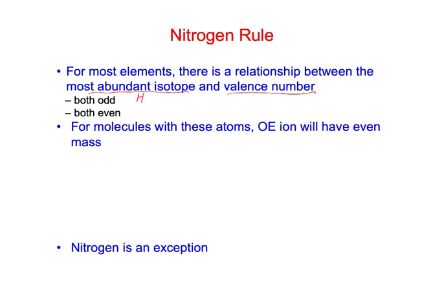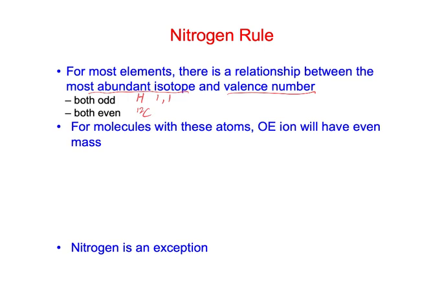The isotope is 1 and the valence is 1. If we have both odd, that's 1.